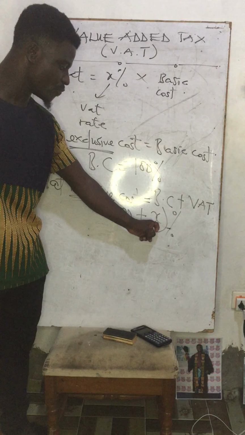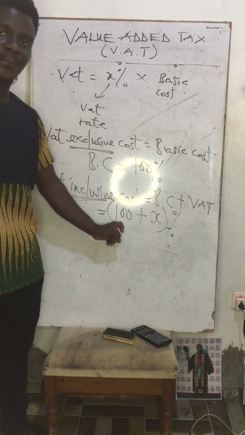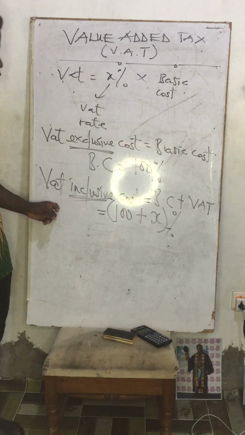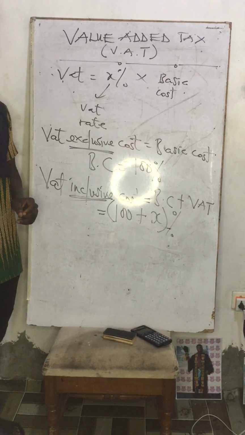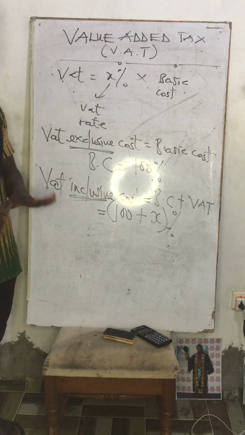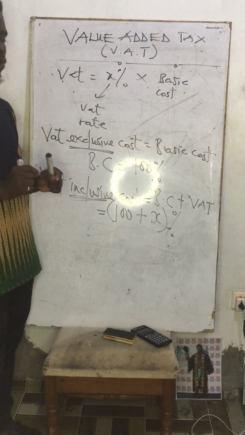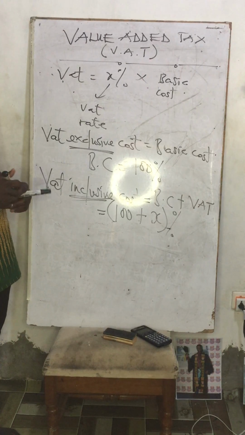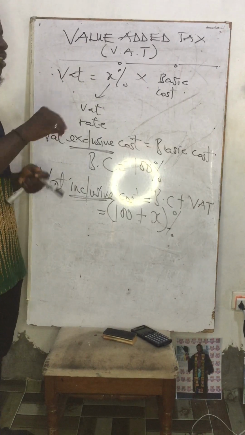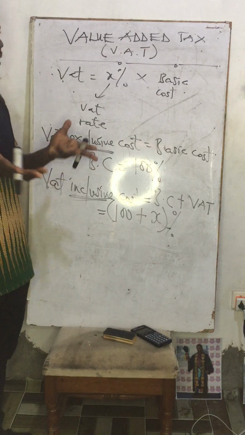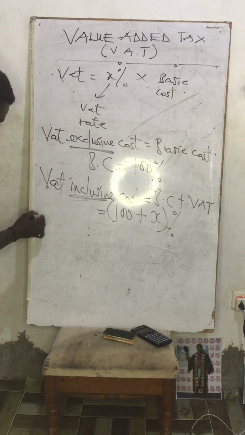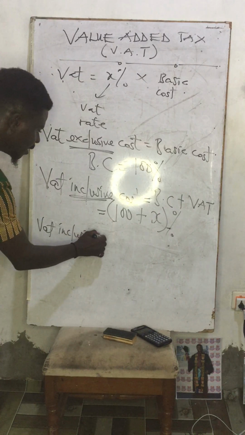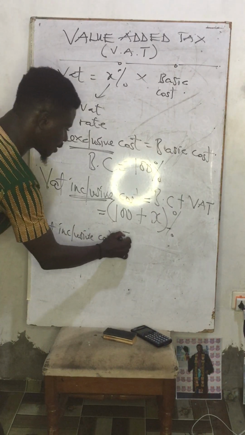So when you add the rate of VAT to the basic cost, you get 100 plus X, which is equal to the VAT inclusive cost. Relax and understand one or two things under value added tax. It's very, very simple. Now, the VAT inclusive cost is the same thing as the total cost.